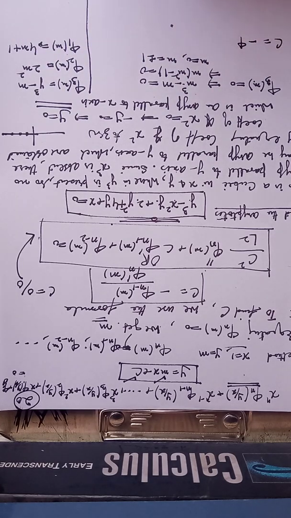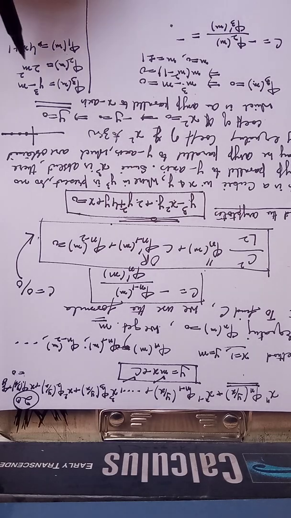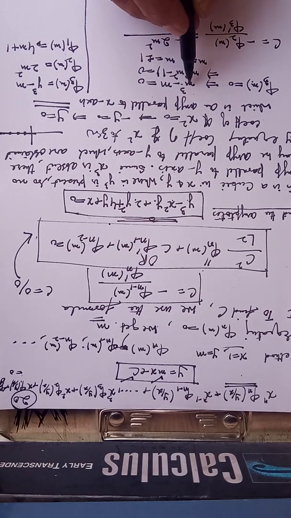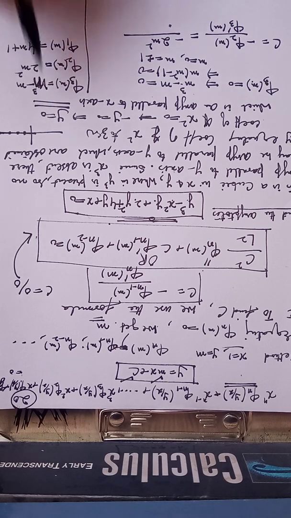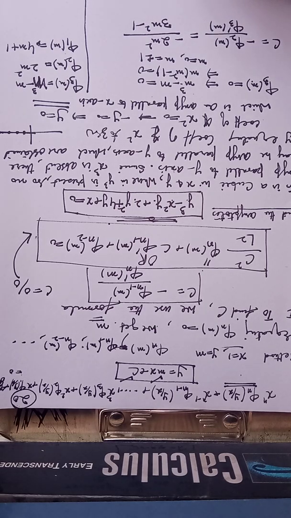Minus phi 2m by phi 3 dash m. Now minus phi 2m is minus 2m square and derivative of phi 3m is 3m square minus 1.